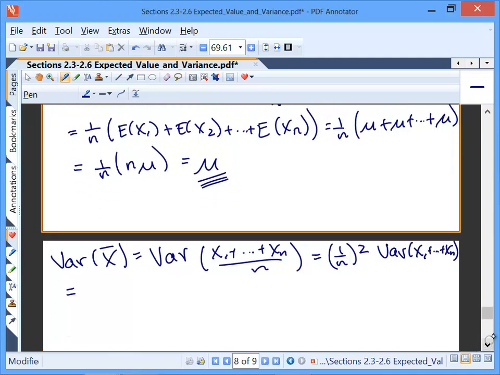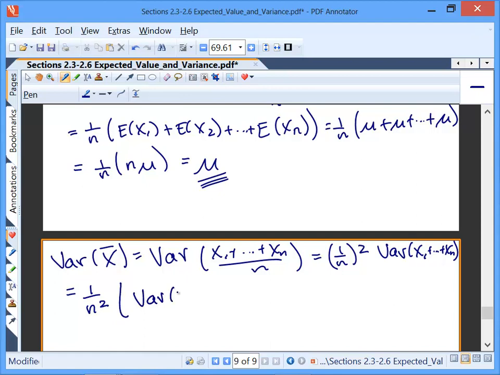And for the variance, if we want to add up random variables, we know that if they are independent, we can just add up each of the variances. That's why in the problem statement I had to say that they were independent. So we have 1 over n squared times the variance of x1 plus the variance of x2 plus dot dot dot all the way up to the variance of xn.